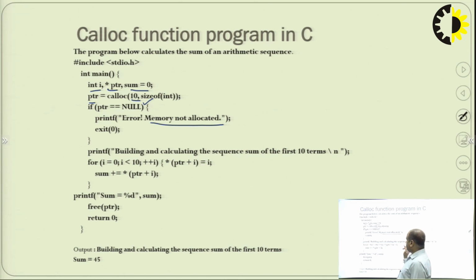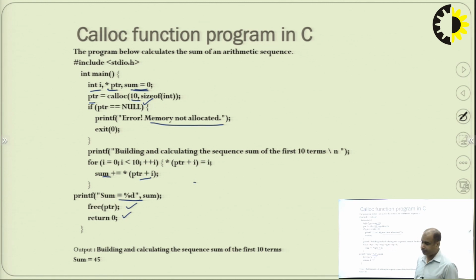Otherwise, we are building and calculating the sequence sum of the first 10 elements. For that we are using a loop. The loop starts from 0 up to 10, plus plus i, and for each pointer variable ptr plus i equal to i, and the sum of these values will be assigned to sum, because sum equal to 0. We are going to print that sum, and after the work is done with CALLOC, we free that pointer and return 0.